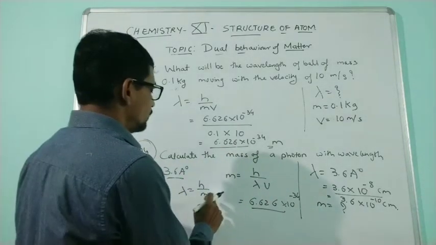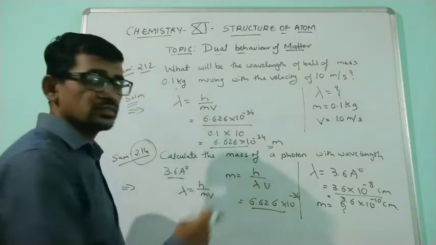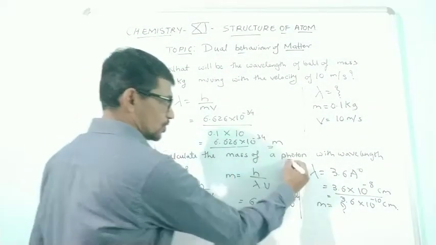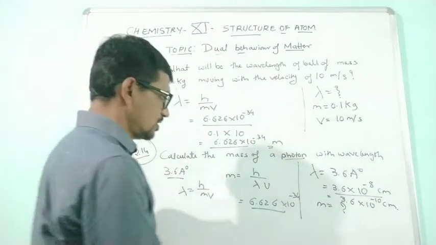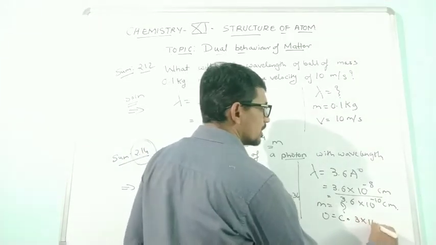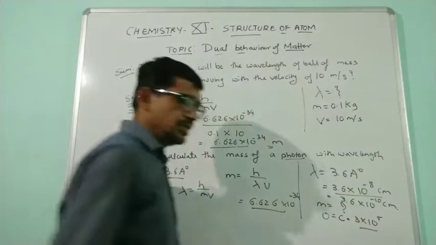Here v means velocity. Here it is a photon, related with light, so this v is nothing but c, 3 × 10^8 meter per second.